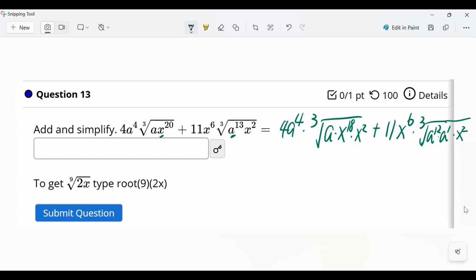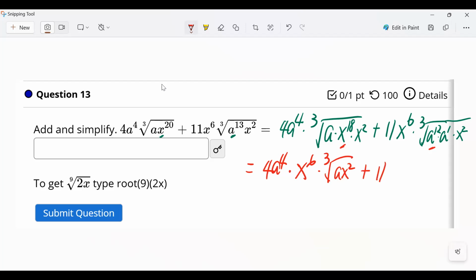The only part we can simplify for the first one is this part, and this part on the second one. That's 4a to the fourth times the cubic root of x to the 18th, which is x to the sixth, and the other one that remains is the cubic root of ax squared.